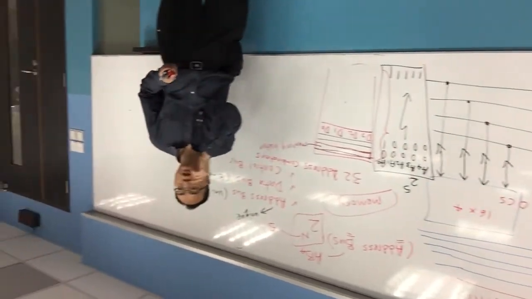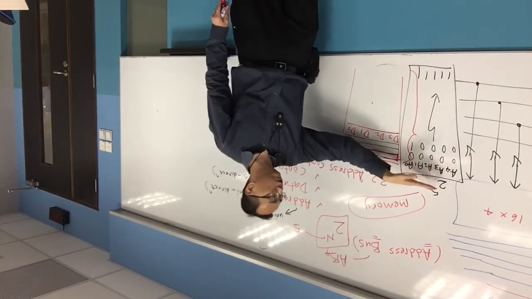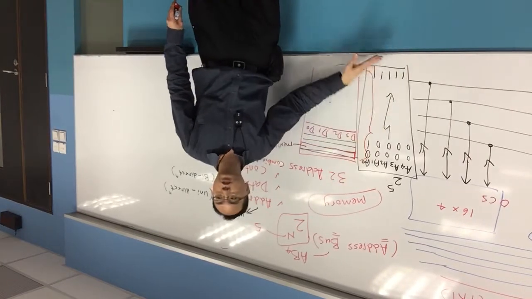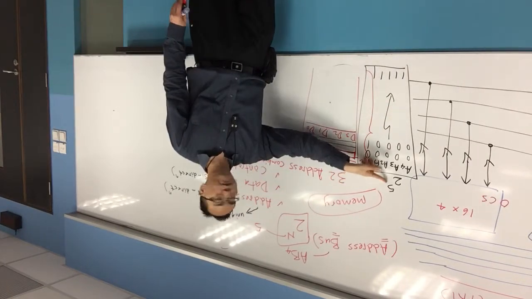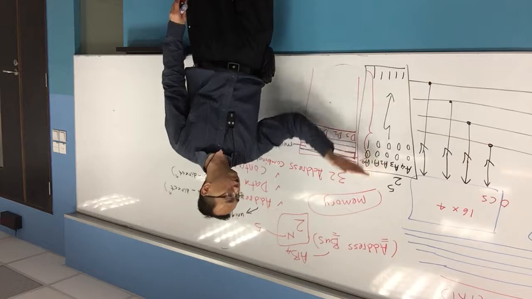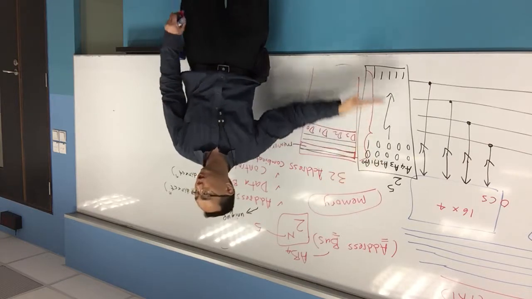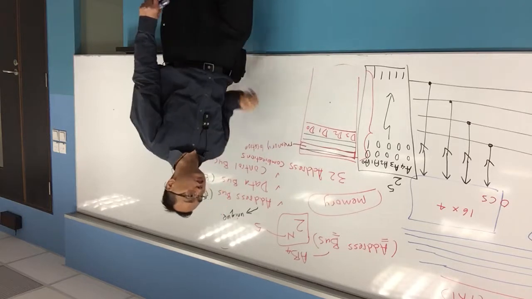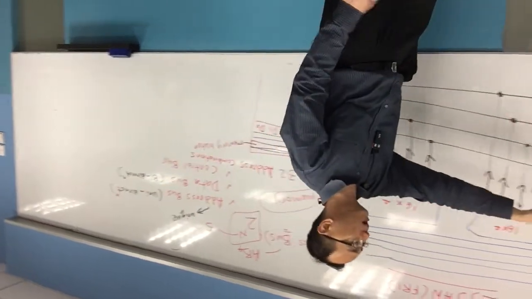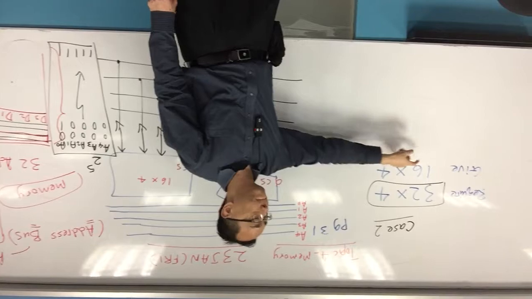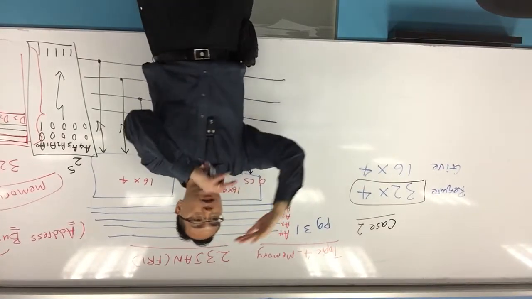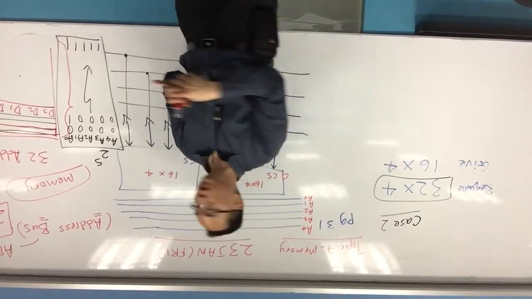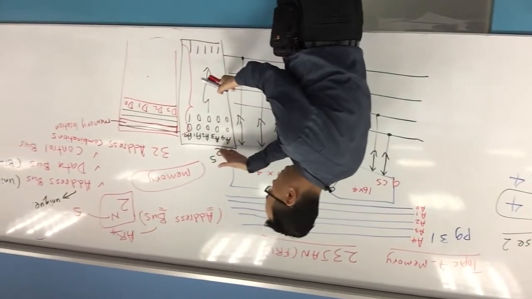The main thing you must be clear about is that I need 32 combinations, which means I need 5 address physical lines to generate this combination of 32. But now the challenge is that you are given a 16 by 4, which means each memory chip can only go up to half.